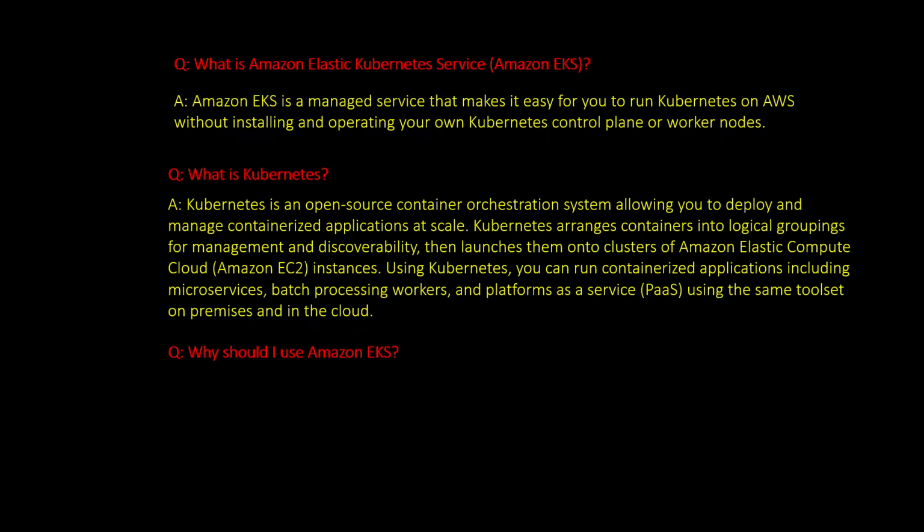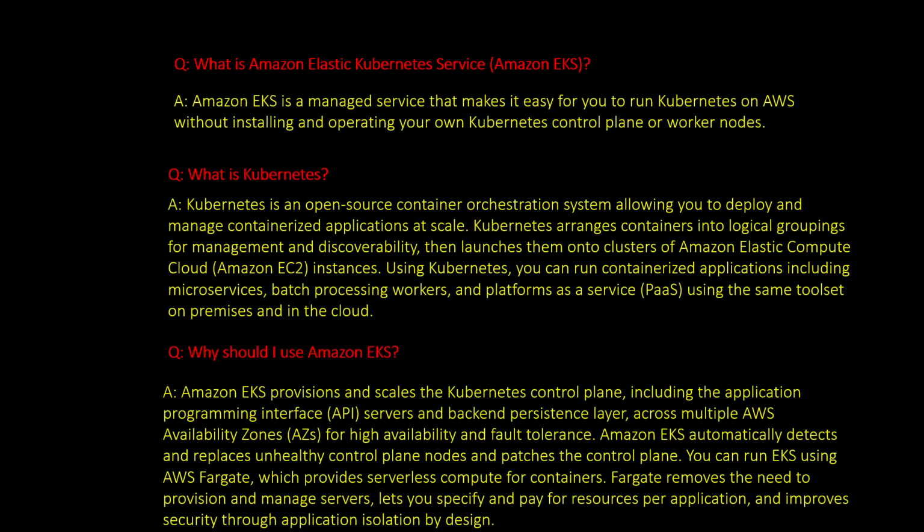Why should I use Amazon EKS? Amazon EKS provisions and scales the Kubernetes control plane, including the application programming interfaces APIs and server backend persistence layer, across multiple AWS availability zones for high availability and fault tolerance.